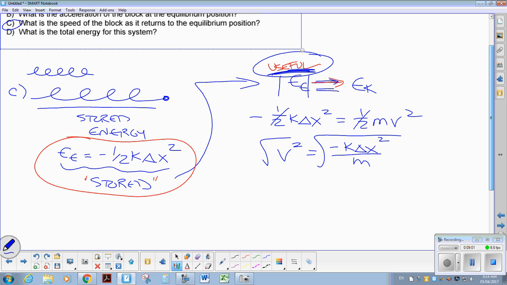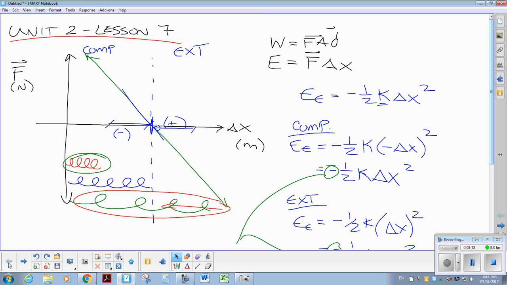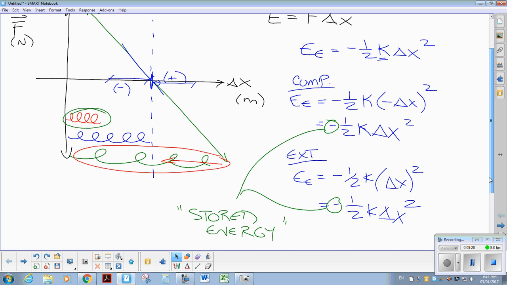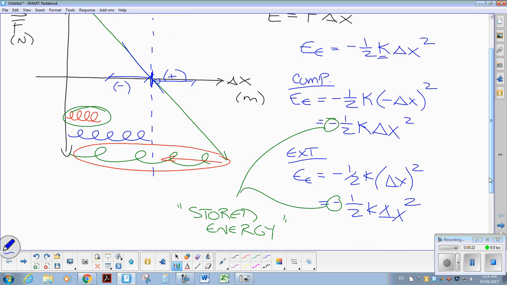The error is because of that negative sign. This is why I always tell people, even when you're calculating how much energy is stored, I'm not a big fan of keeping the negative sign, and that's my engineering perspective coming out. I already know it's stored energy, because I am stretching or compressing a spring.